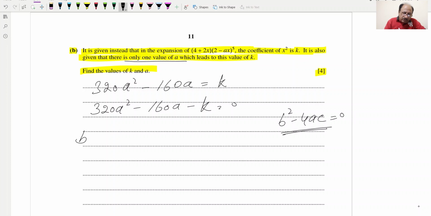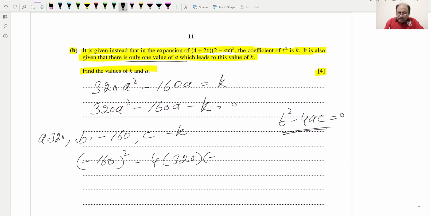And the b value is minus 160, and the a value is 320, and the c value is minus k. So b squared minus 4ac is equal to 0.